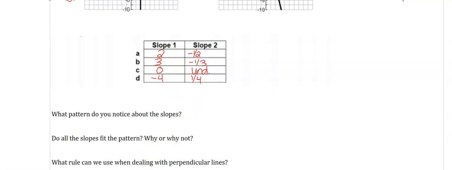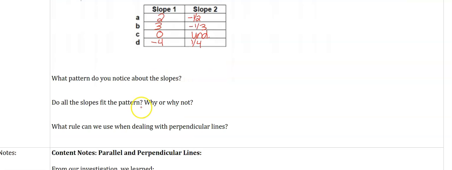So now we want to look at the 3 questions. For our first question, what pattern do you notice about the slopes? If we look closely at each graph, for A we had a slope of 2 and a slope of -1/2. For graph B we had a slope of 3 and -1/3. For C we had a slope of 0 and undefined.